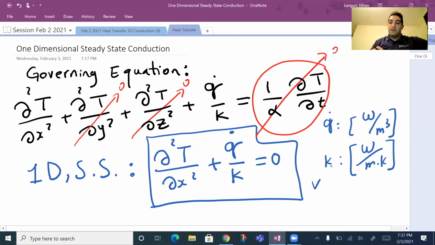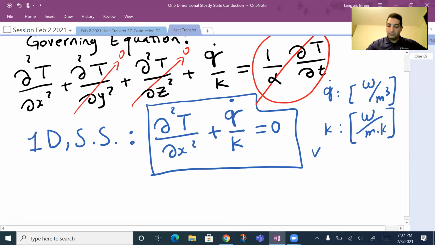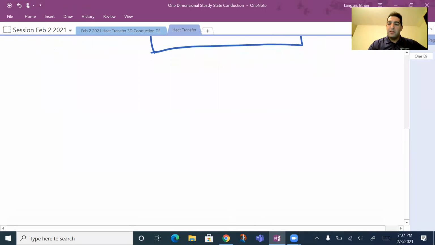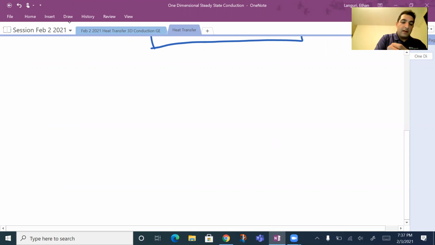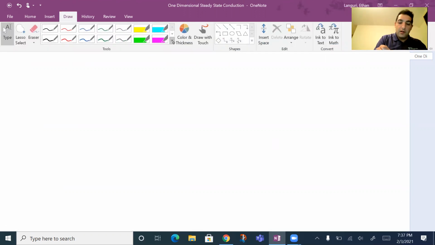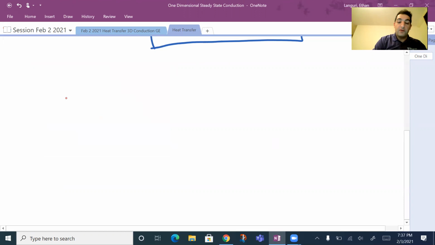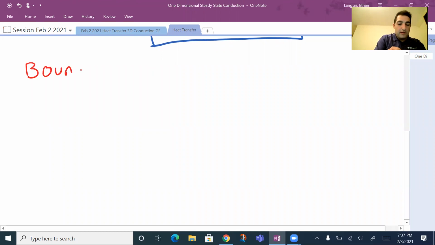Before solving this equation, let's talk about boundary conditions, as we will need to use them later when solving this governing equation. So let's have that discussion before we try to solve the 1D steady-state governing equation. So let's talk about boundary conditions.